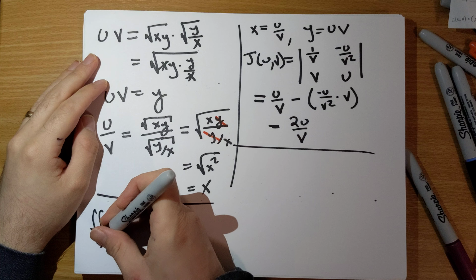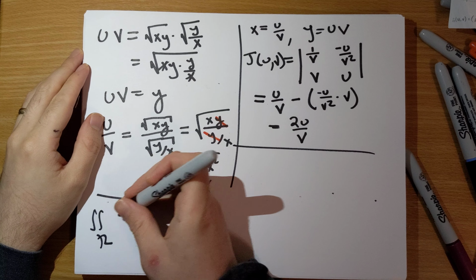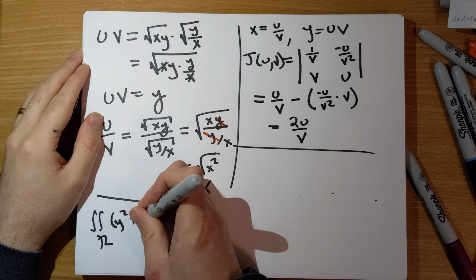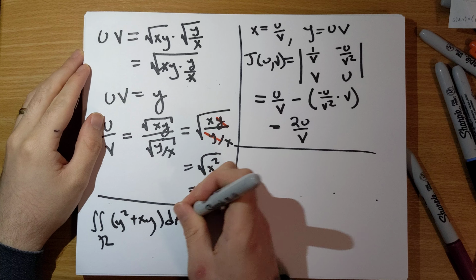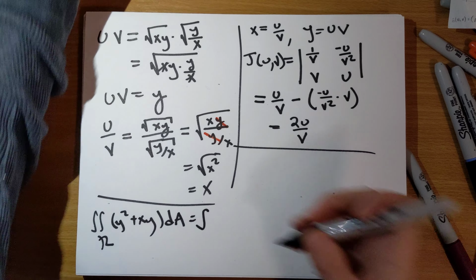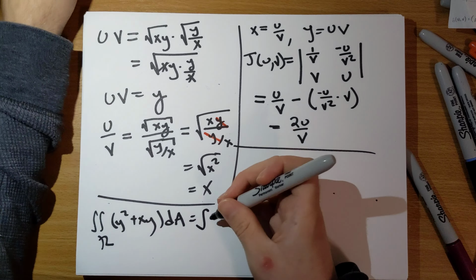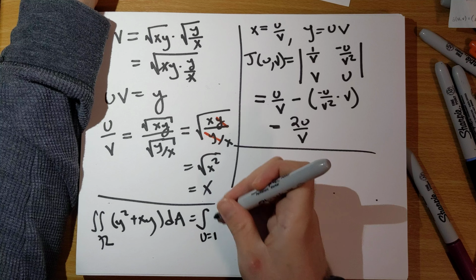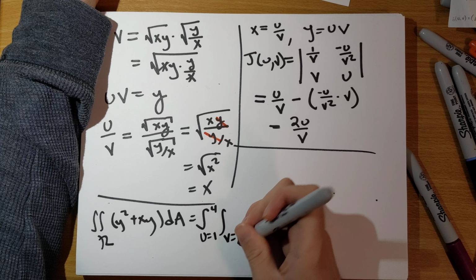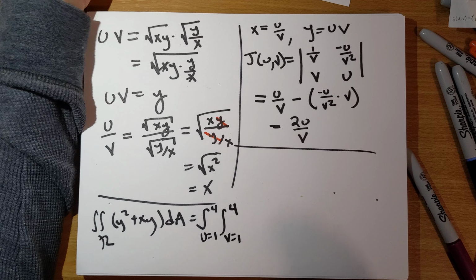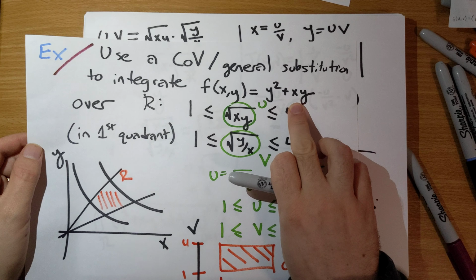Okay, the double integral over r of y squared plus xy dA is equal to the integral where u runs from 1 to 4, v runs from 1 to 4, of y squared plus xy.